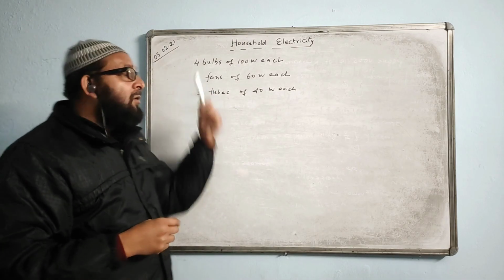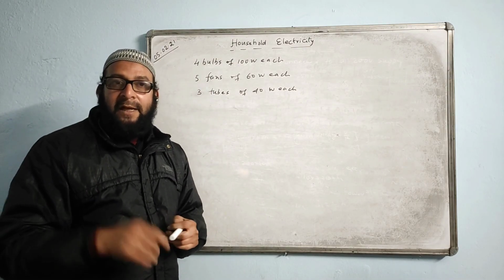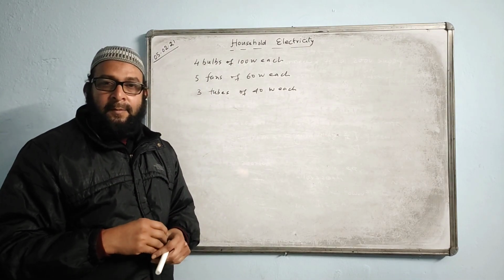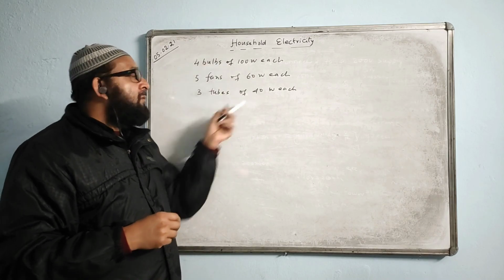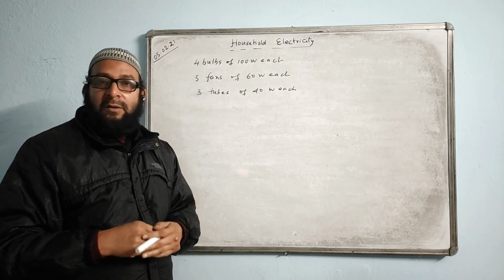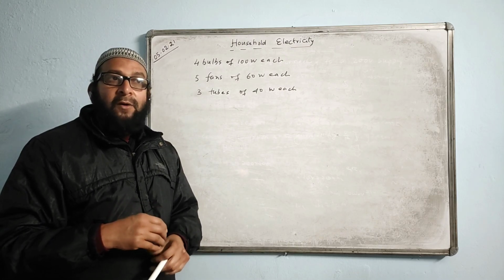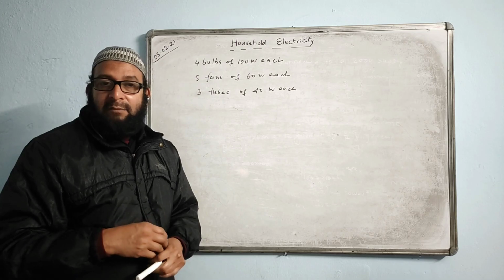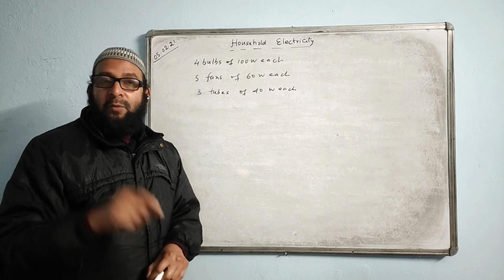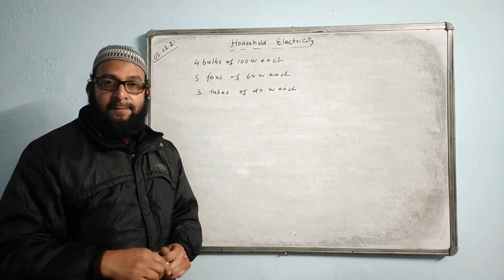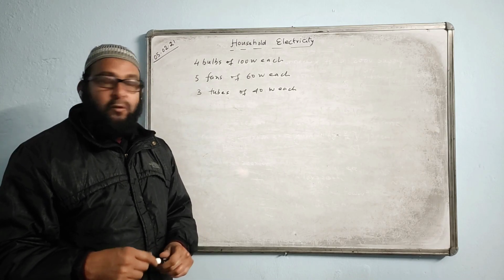All of them are used at an average of 10 hours a day. You have to find the amount of the monthly bill for 30 days, if the electrical unit is charged at the rate of rupees 6.50 per unit. So that is the question.